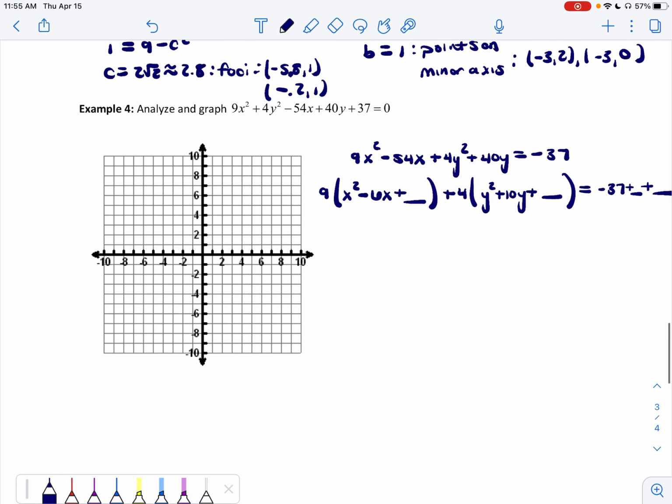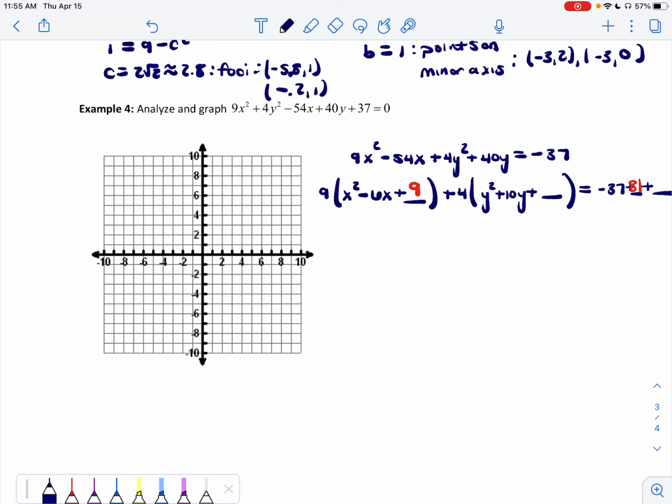Okay, now let's go ahead and complete the square. So starting with our x's, our b is a negative 6. So cut that in half, we get a negative 3. Square it, we get a 9. Okay. Now to the right-hand side, we have to keep in mind the GCF that we pulled out front. So 9 times 9 is 81 that we're adding to the right-hand side.